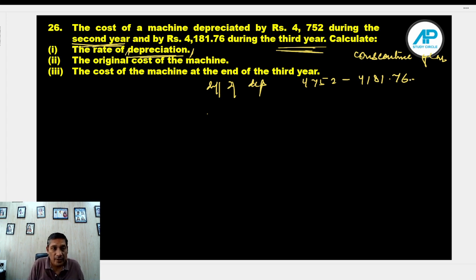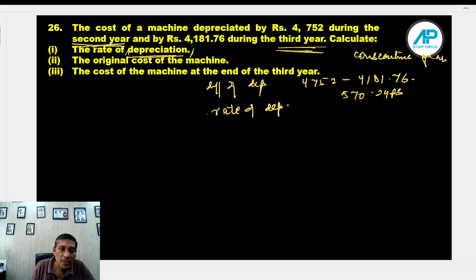So 4752 minus 4181.76 would give you rupees 570.24. Let us find now the rate of depreciation. So now learn the procedure and the formula for this question.